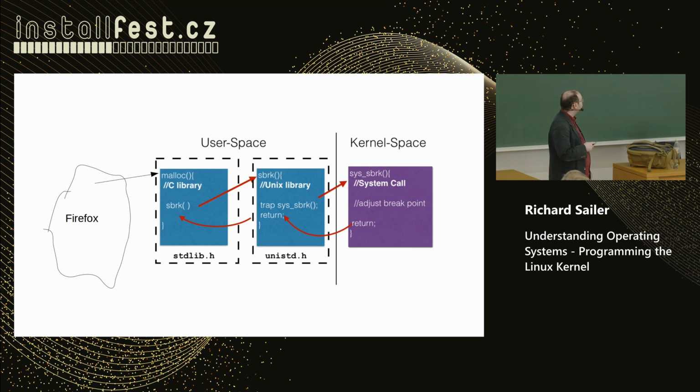Then there may be another library, because stuff is complicated, and then you get into the kernel. The kernel can return to Firefox, but it can also realize while it does kernel stuff, oh wait, Firefox is already over its time, or another more important process wants to run, and then not return to Firefox. That might happen to your process. You never notice for sure, but usually you won't notice.